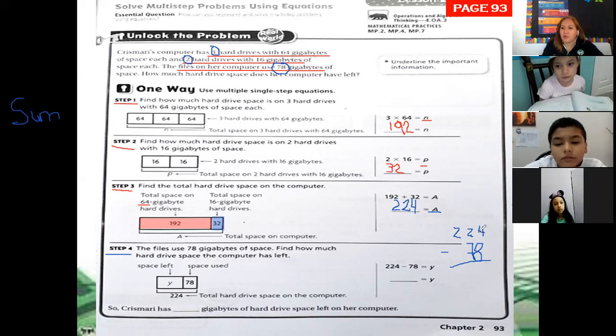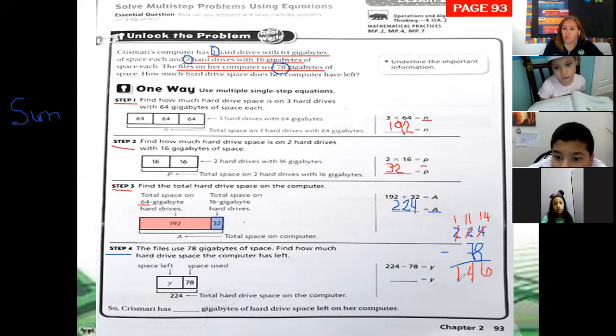Okay. Miss, so I have the answer, 4 minus 8 is not possible, so I regroup the number 2. Now the number 2 is 1, and the 4 is a 14. 14 minus 8, 6. 1 minus 7, I need to regroup. This is 1, and this is 11. 11 minus 7, 4.